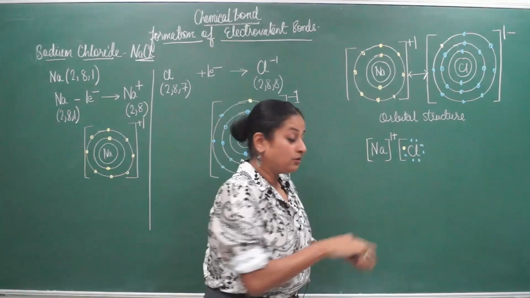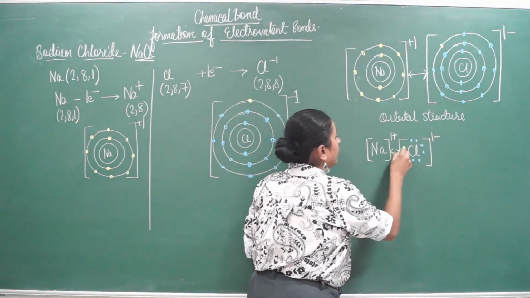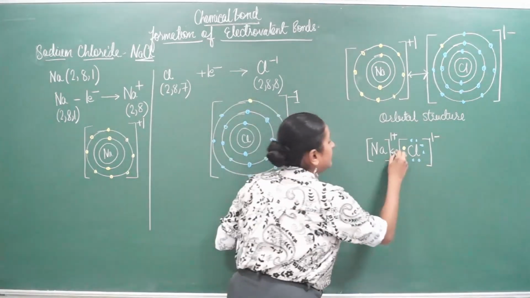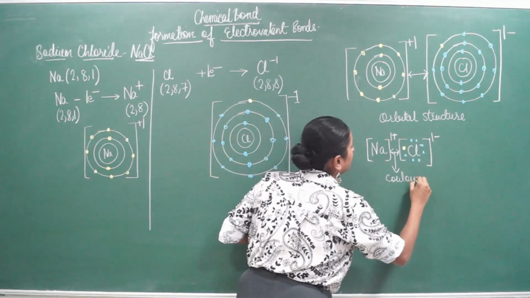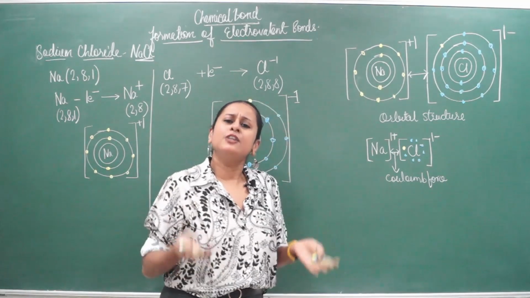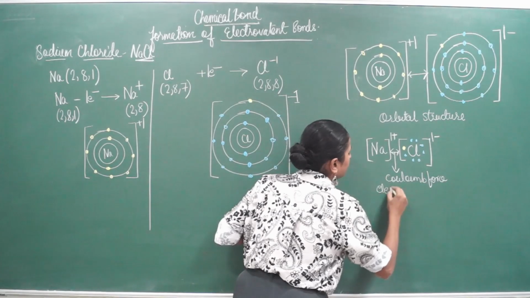So this is how it looks. 1 minus, and you cannot not show this arrow. This shows Coulomb force. Coulomb force because that's the unit of electrostatic force of attraction. You can simply write electrostatic force.